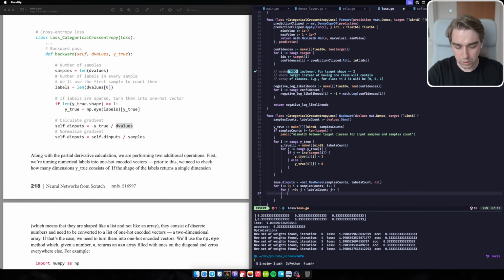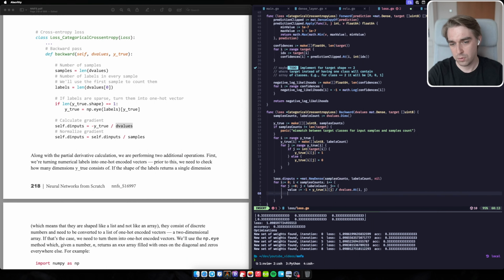And what we're doing, we're calculating the value that will be -1 multiplied by y and divided by the d values at j, and loss the input set.